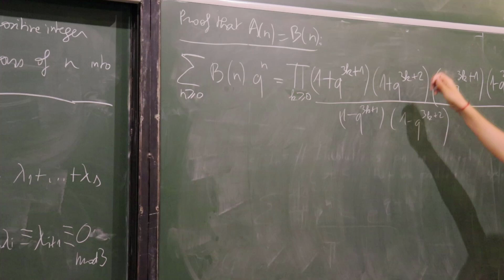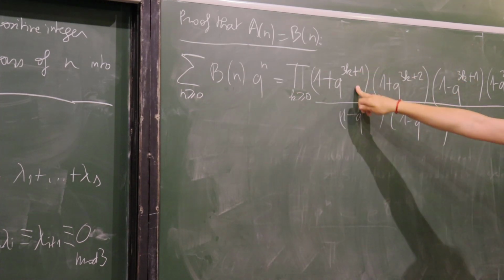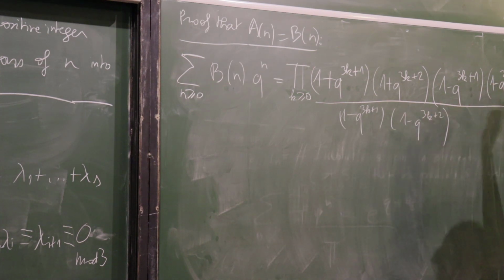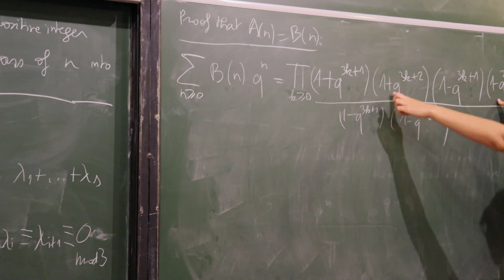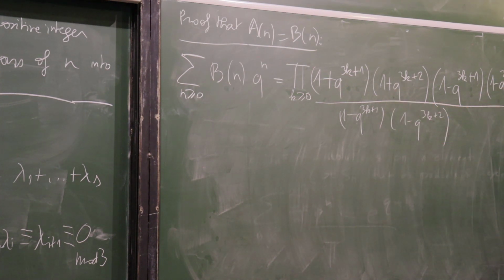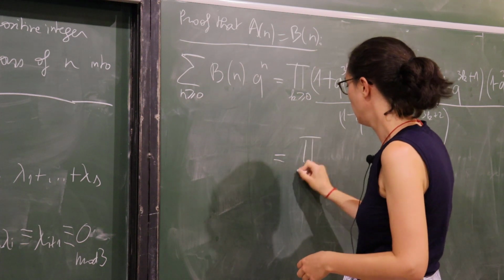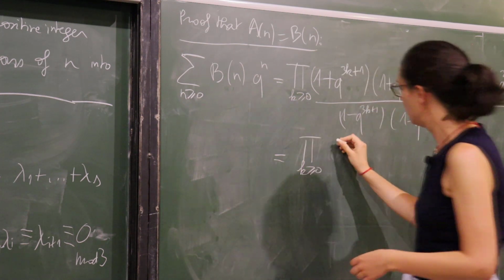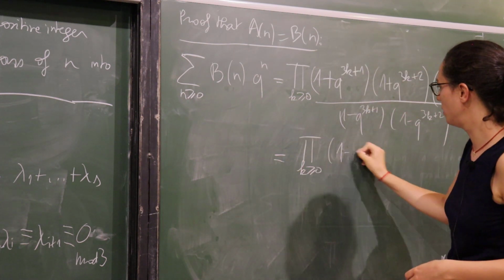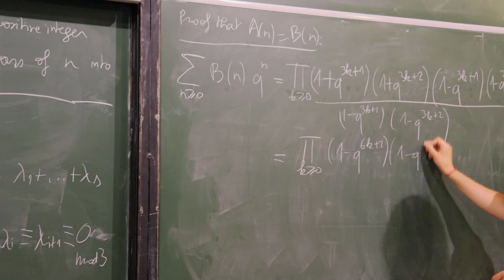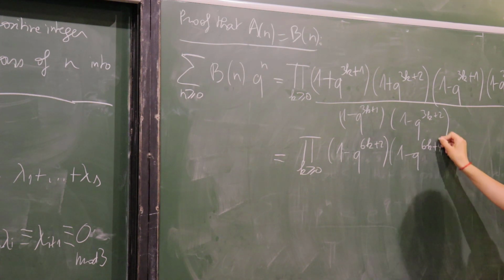Just like we did yesterday for Euler's theorem, these two things together will be 1 minus q^(6k+2), and these two things together will be 1 minus q^(6k+4). So we end up with 1 minus q^(6k+2), 1 minus q^(6k+4).